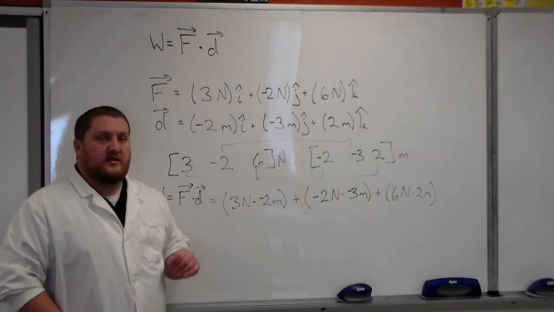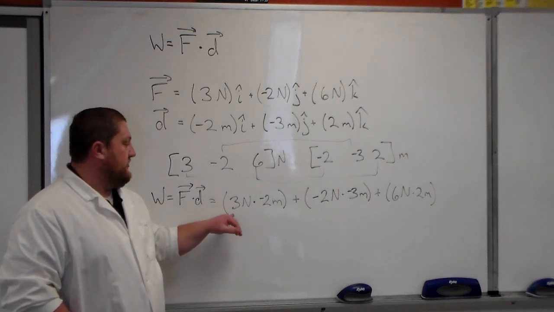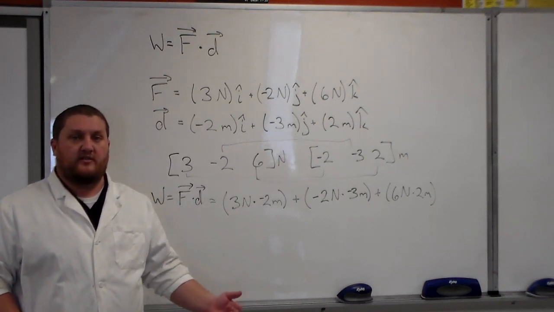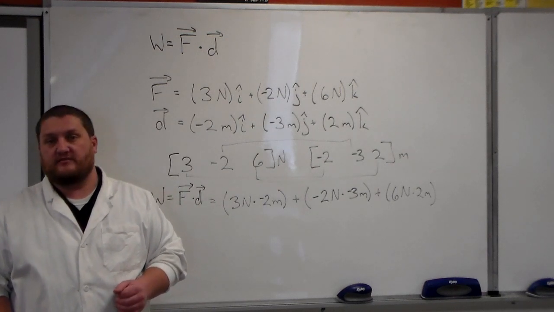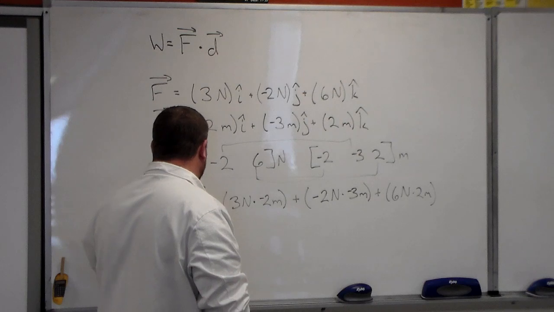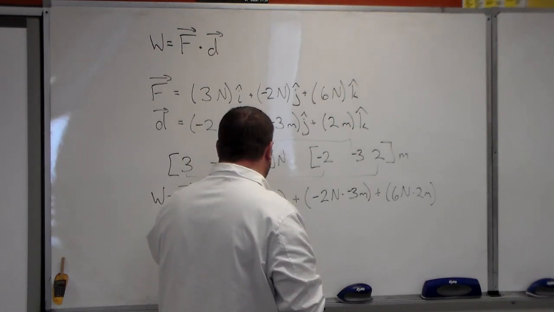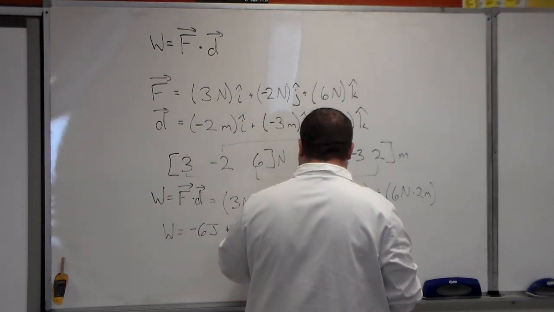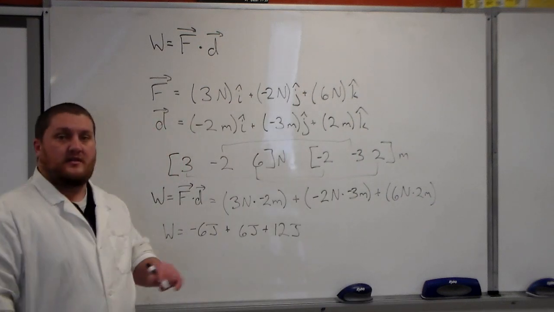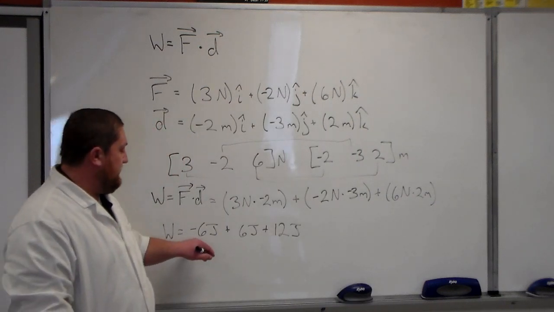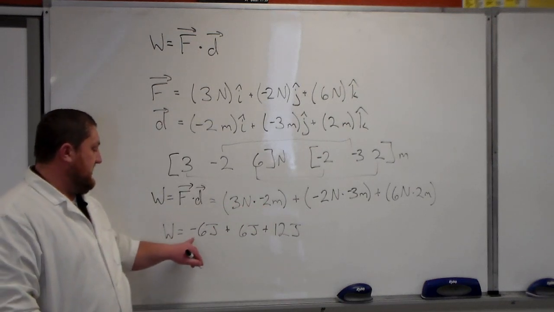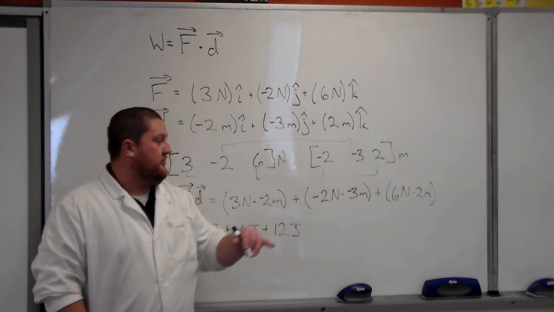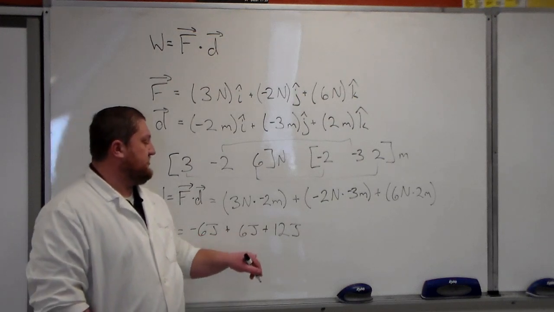So I have all of my products set up. I need to do the multiplications, trailing the units along, and then lastly I will add each of the pieces together. I finish the multiplication. I have 3 newtons times -2 meters is -6 joules. -2 newtons times -3 meters is 6 joules.